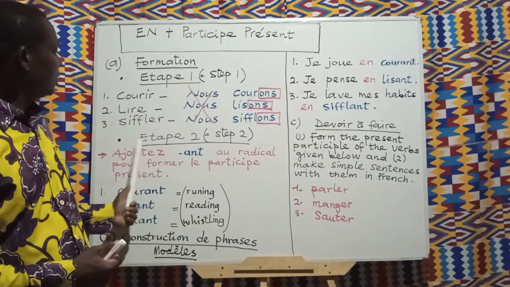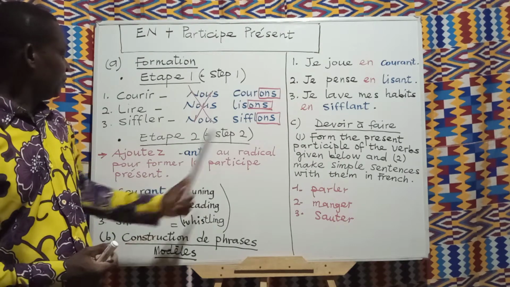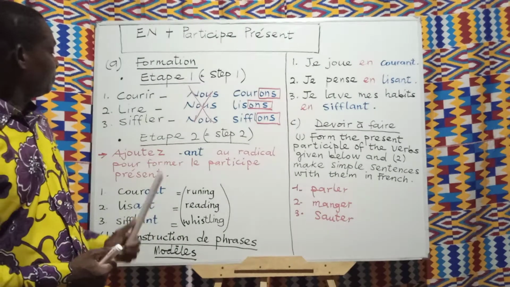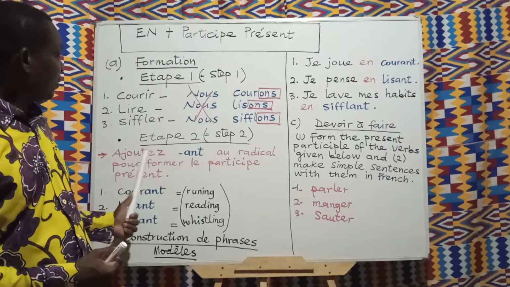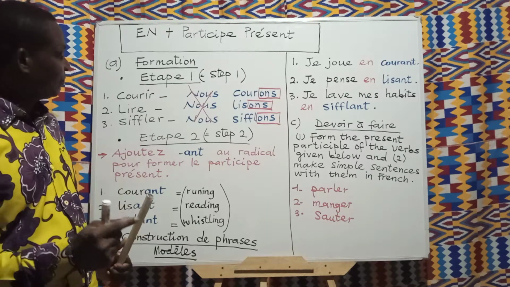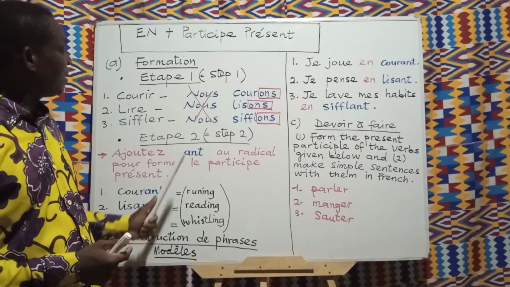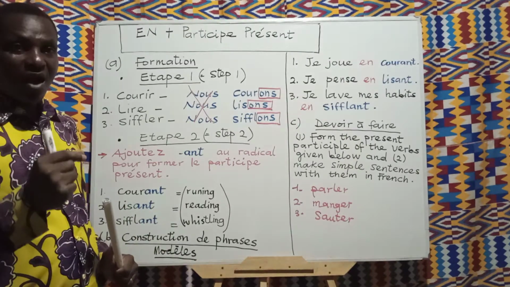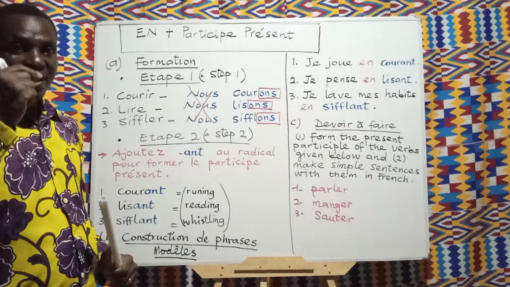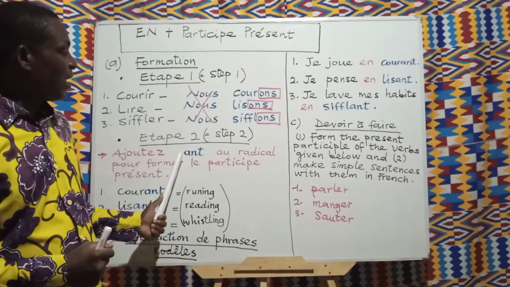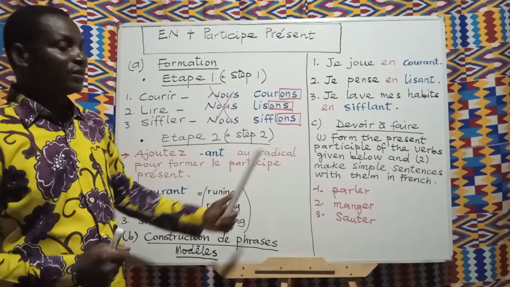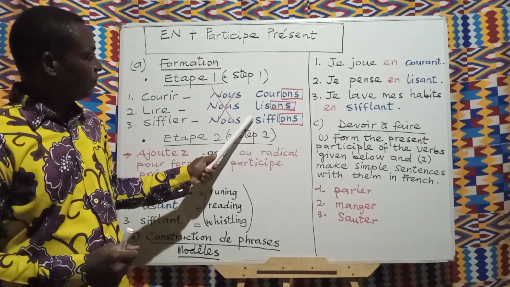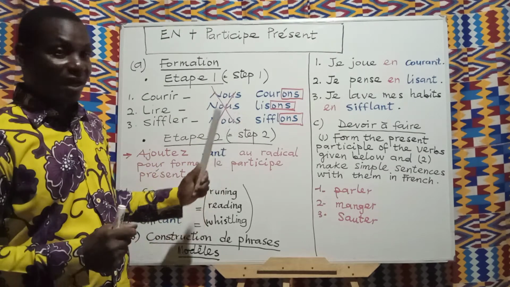When we come to étape 2, that is step 2, what will you do to get the present participle? Here in French I wrote ajouter, meaning add. What do you add? We add ant, A-N-T. You add this ant au radical, that is to the stem, that is cour, lis, siffl, or what I call radical.